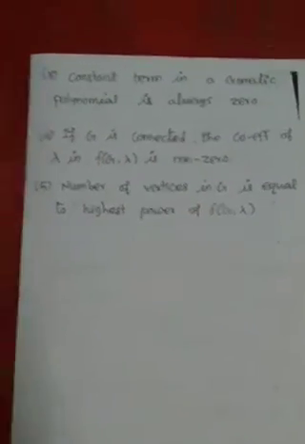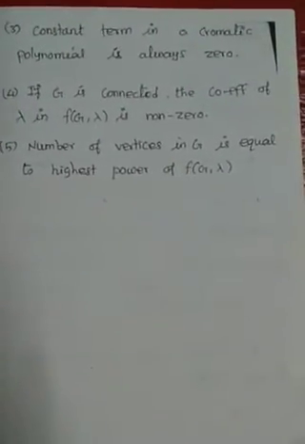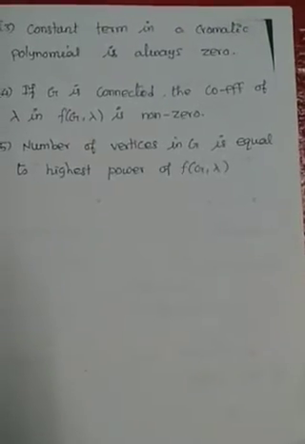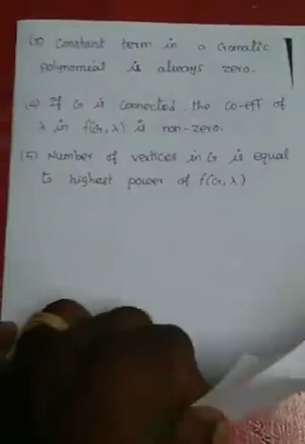Suppose the chromatic polynomial has highest power 4, it means it has 4 vertices in that graph. So we have 5 properties to check whether a given chromatic polynomial is right or wrong.